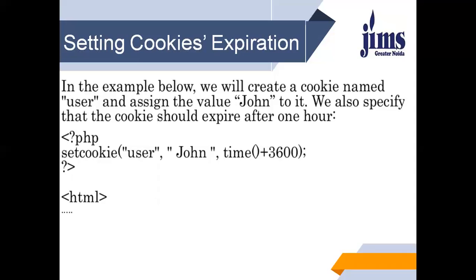Like you have set in this example, you are creating a cookie named user and you are assigning the value John to it. So you are assigning a cookie that should expire after 1 hour. So you are mentioning setcookie user, then the value John, and the time function, and then 3600 seconds. So it will expire after 1 hour. This is how you can set the cookie expiration time also.